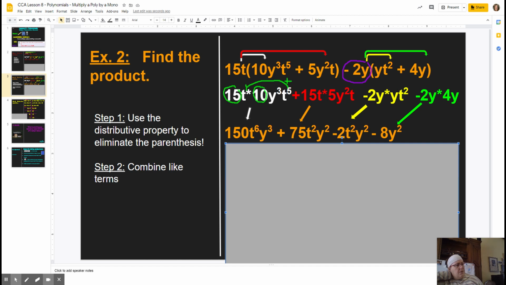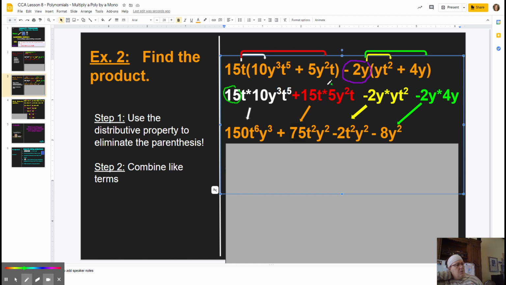Then again, 15 times 5 is 75. And then t times t, remember these t's have imaginary ones. So 1 plus 1 is 2. And then there's no other y's, so that's here. And then I've got negative 2. Well, there's no number in front of this one, but let's just remember there's that imaginary 1 there.